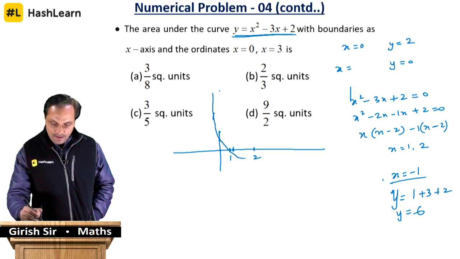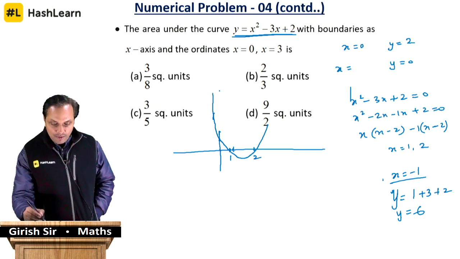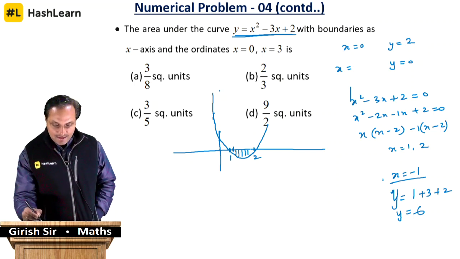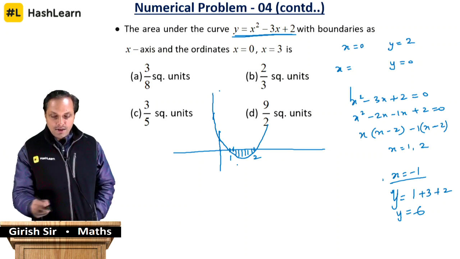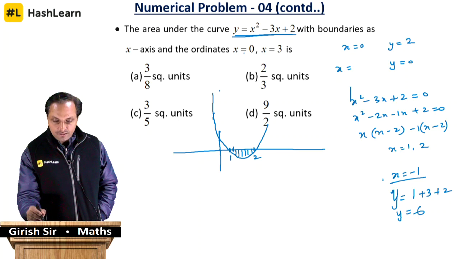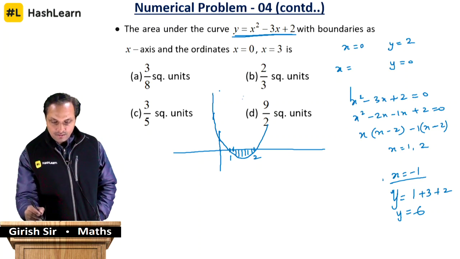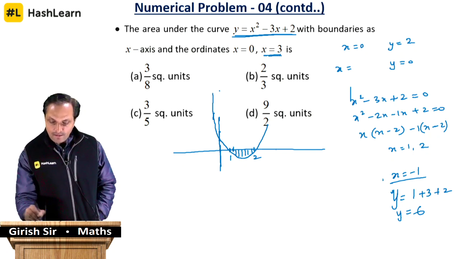So this will be something like this. ठीक है, आपको फाइंड करना है. This is the area, this is the area and they are asking you to find the x is equal to 0 means y axis, x is equal to 3, where it will be, ये है 2 है ना, ये है 3 है.